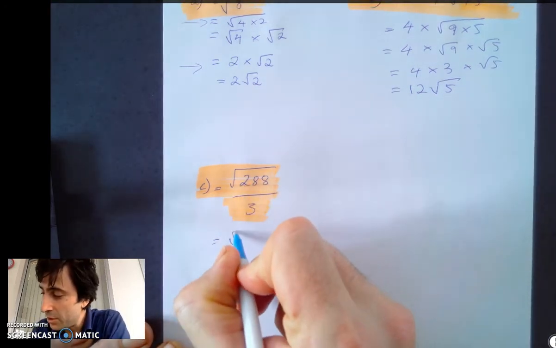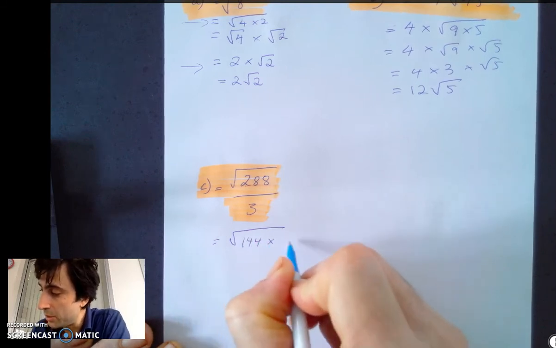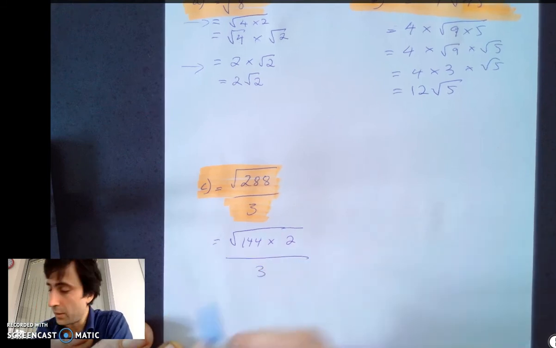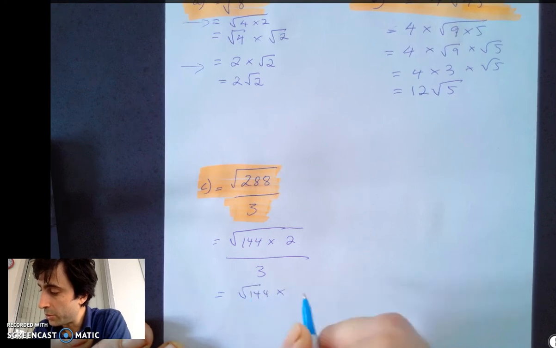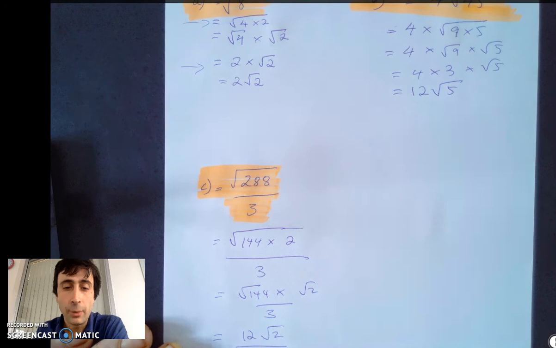It is the square root of 144 times 2 over 3, which is the same as saying root 144 times root 2 over 3, which is 12 root 2 over 3. Are we finished?